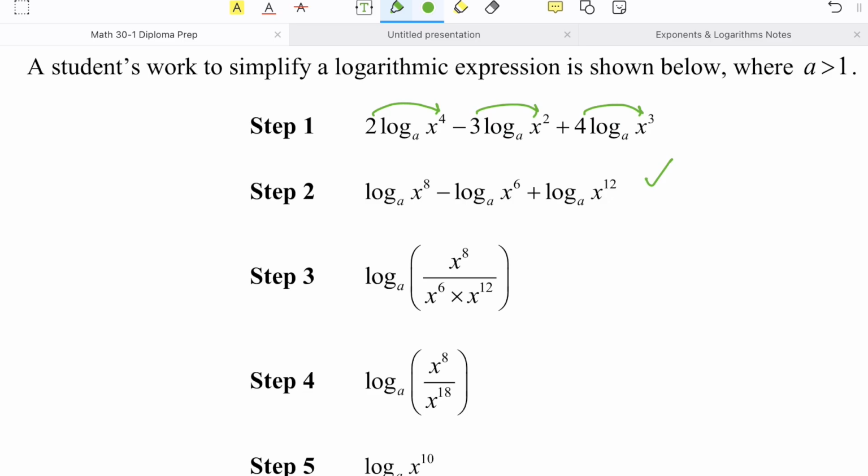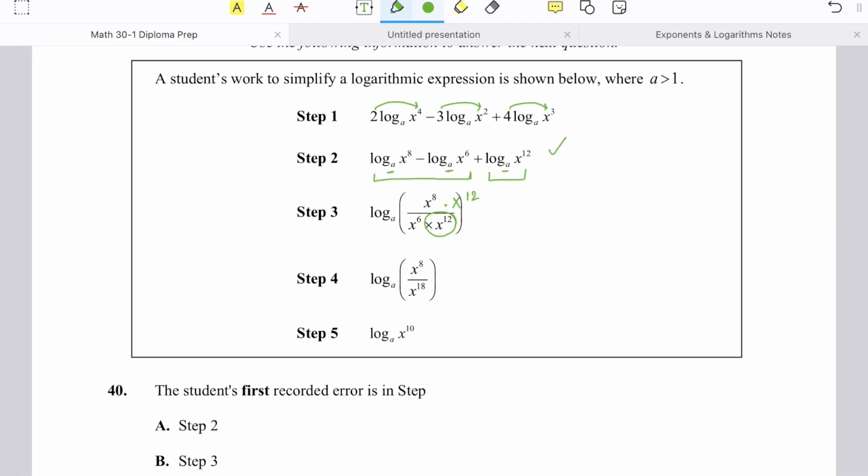It's important to look at that. This is being divided, but then this was being multiplied, so it should have been times x to the power of 12. Unfortunately, that was the mistake. Make sure you don't make that mistake, and it's step 3 where the mistake happened.